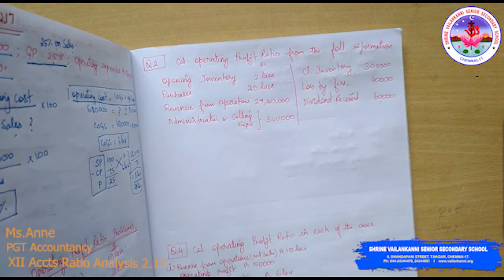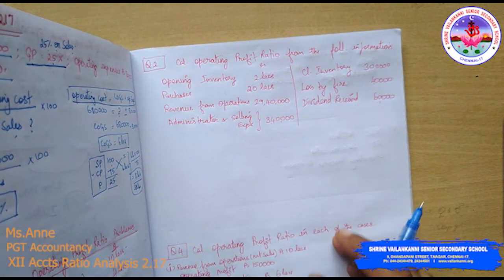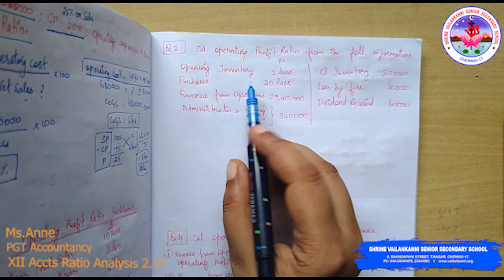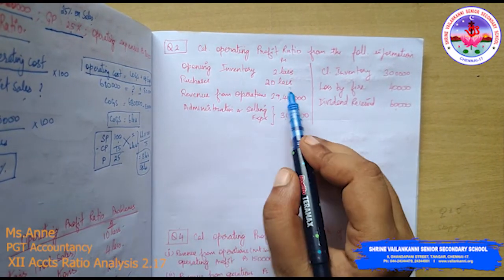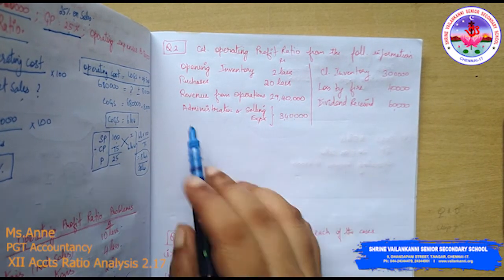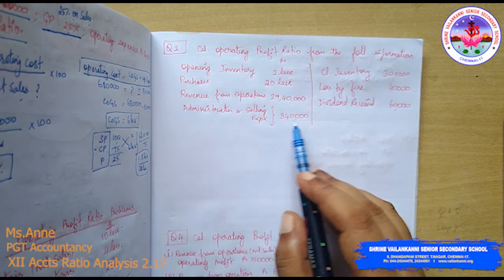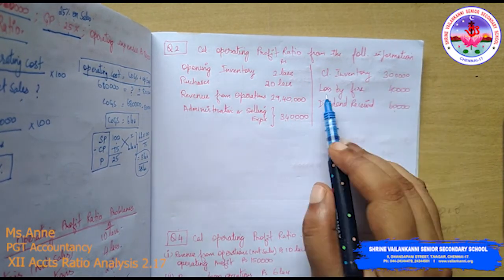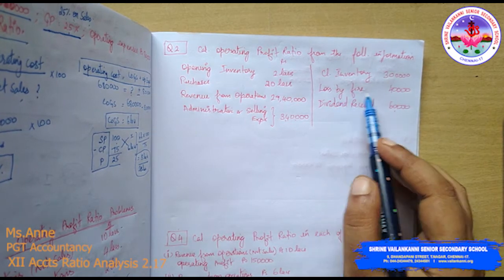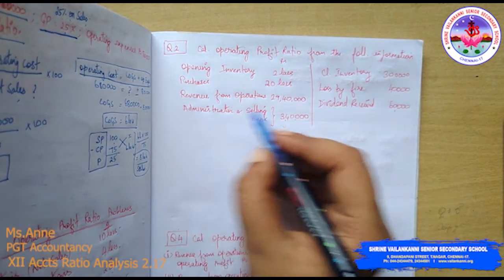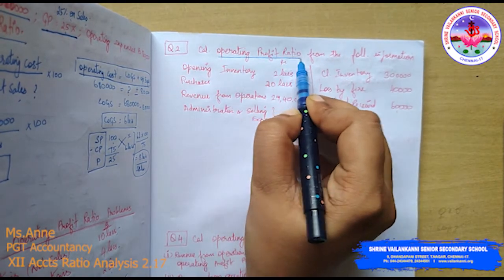Calculate operating profit ratio from the following information. Opening inventory 2 lakhs, purchases 20 lakhs, revenue from operations is 29 lakhs 40,000, administrative and selling expenses is 3 lakh 40,000, closing inventory is 3 lakhs, loss by fire is 40,000, dividend received is 60,000. Now you need to find operating profit ratio.